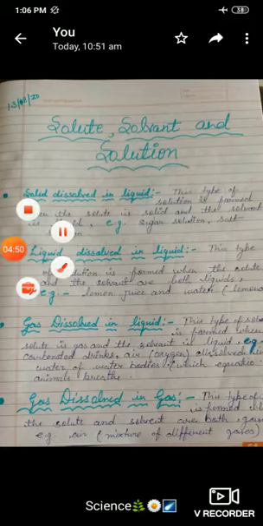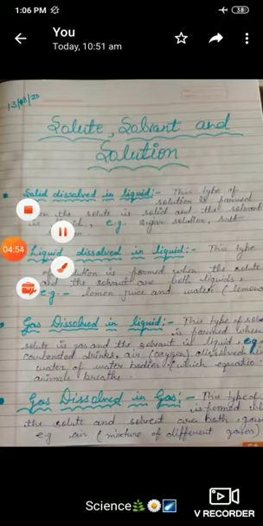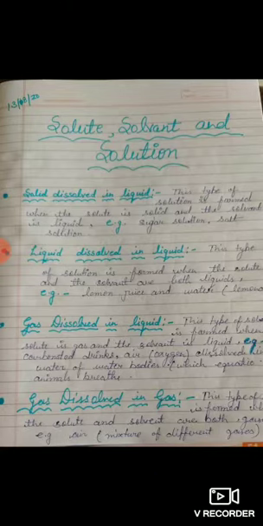When we describe it, solid dissolving in liquid means a solid thing dissolves in liquid, and then we get a solution. For example, sugar is in solid form and, as a solute, is dissolved in the solvent, water. So the solid is sugar and the liquid is water.